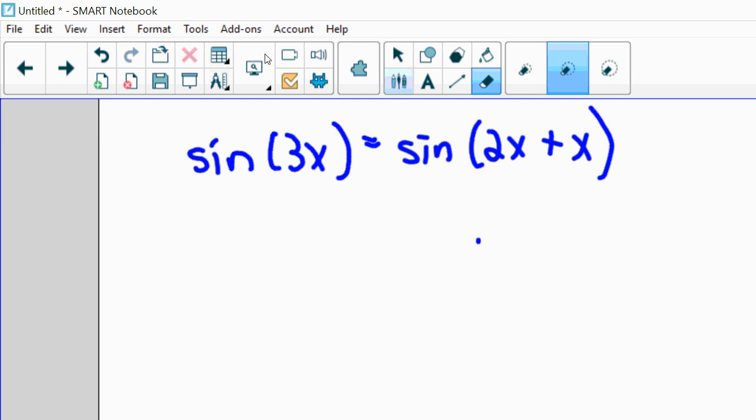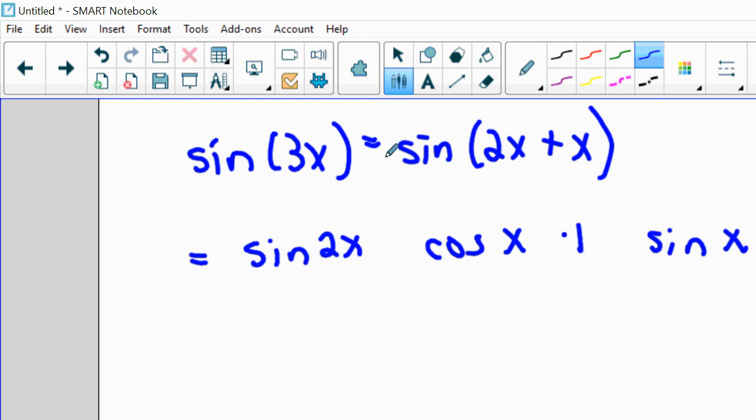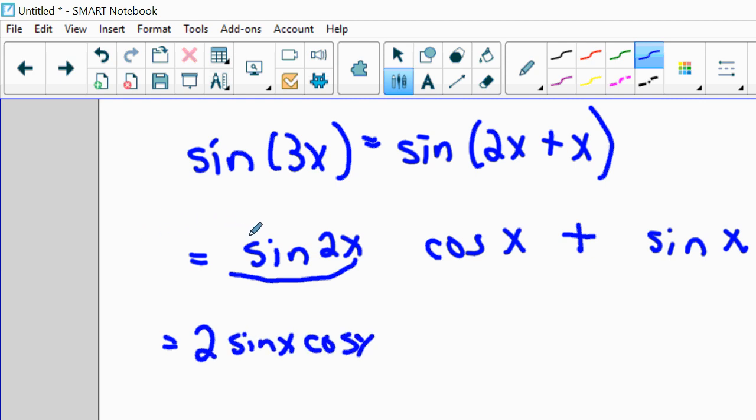Now that's sine of alpha plus beta, so it's sin cos, cos sin: sine 2x cosine x plus cosine 2x sine x. Now sine 2x is easy because it's 2 sine x cosine x times another cosine x, so that's cosine squared, plus sine x. Now here's the bad one, because there's 3 choices.